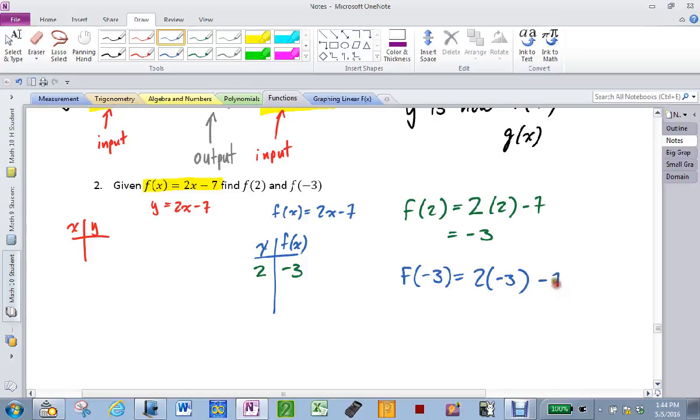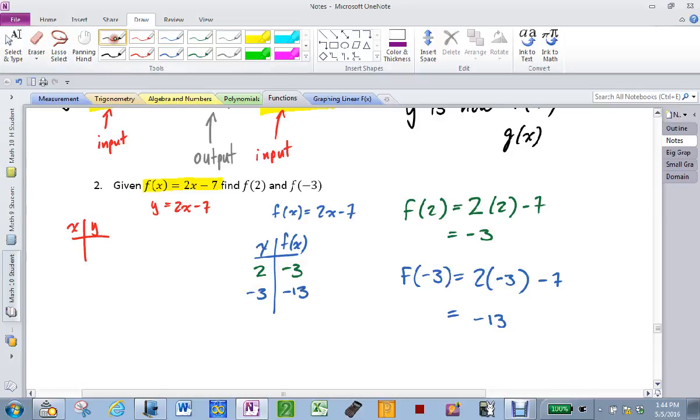Then I subtract 7. What's the answer? You may need your calculator because you guys are bad at subtracting negatives. -13. So what was my input in the blue function? -3. What was my output?